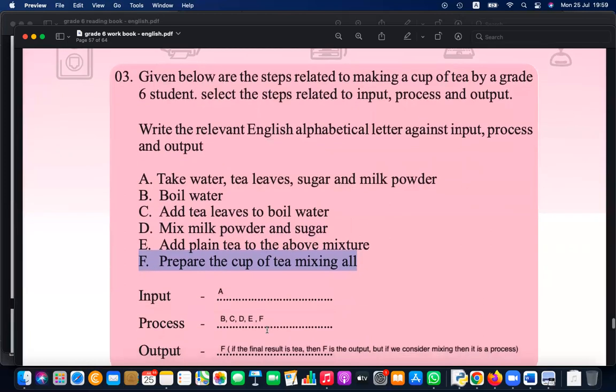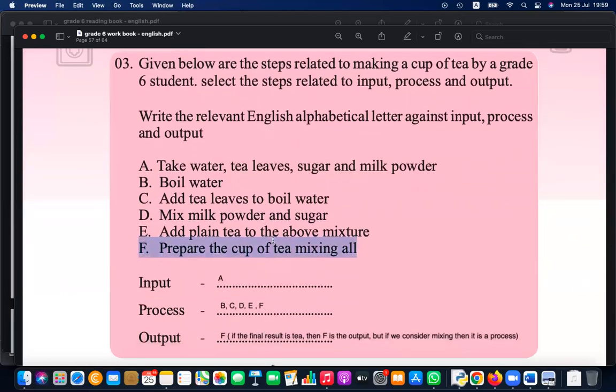Actually, one can argue that the last one is output, if they are talking about the result, like offering the tea or finishing making tea. But according to what is mentioned here, it looks like a process.